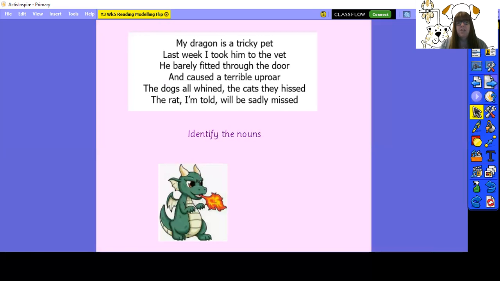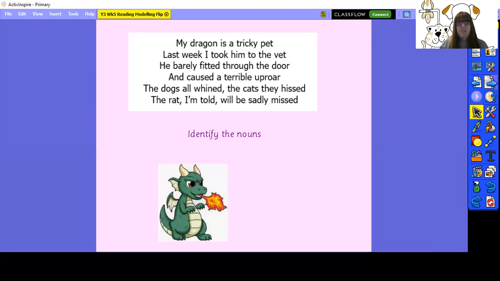So to help me picture what is happening in the vet's waiting room, which is why you've still got the background here, to get us in the knowledge of what it looks like. It says that he barely fitted through the door. Now the door is something I can picture, but actually it would be the door frame, wouldn't it? If he's barely fitting through the door, they're talking about the door frame.